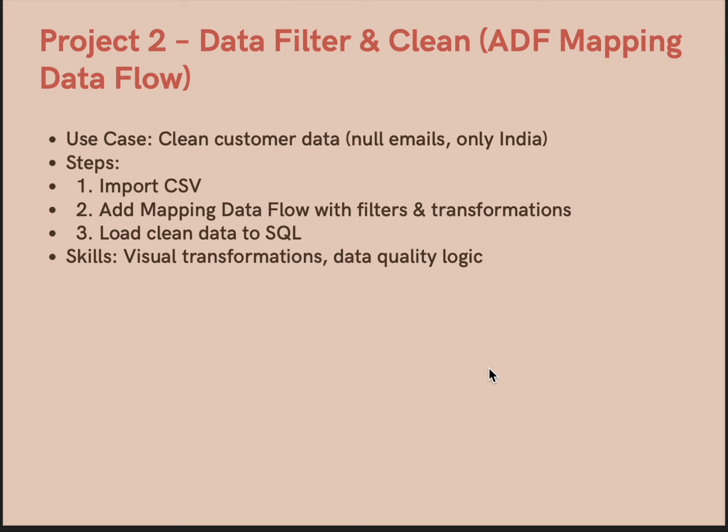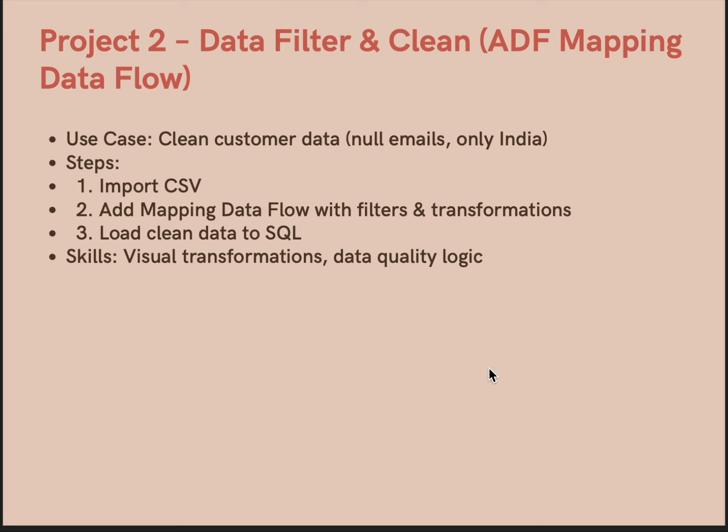Similar to the copy activity, you can create a data flow in the Azure Data Factory, and you can take the CSV file from your Azure Blob storage. In the data flow, you can explore the various options available. There you will be able to apply some filters and transformations, like adding dynamic columns, for example an inserted-on date.